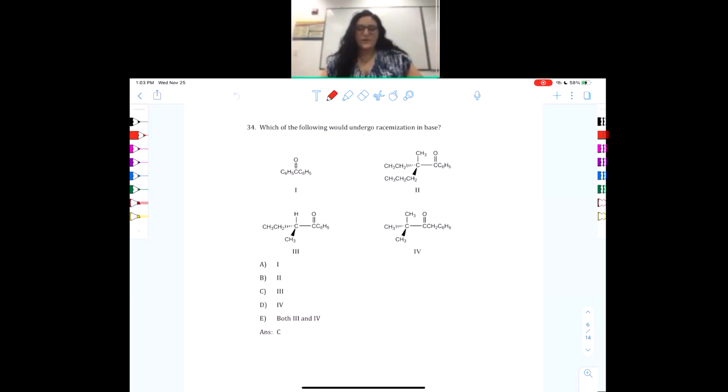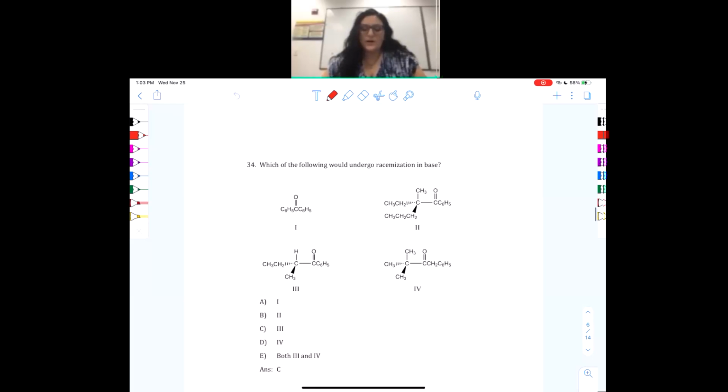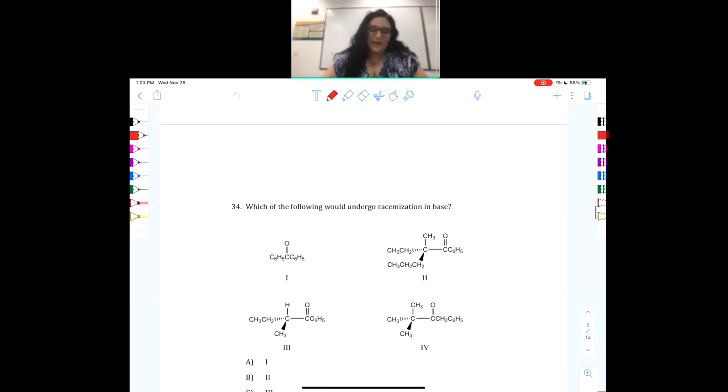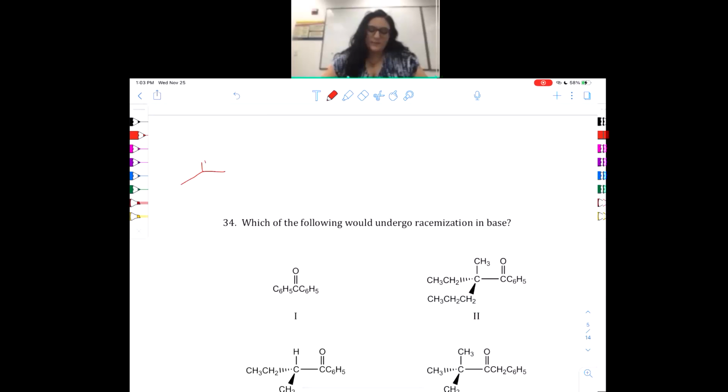Alrighty. So for the people who weren't here today or don't remember or want to review, racemization is essentially when we do a tautomerization, but we have something like this that has a chiral center.